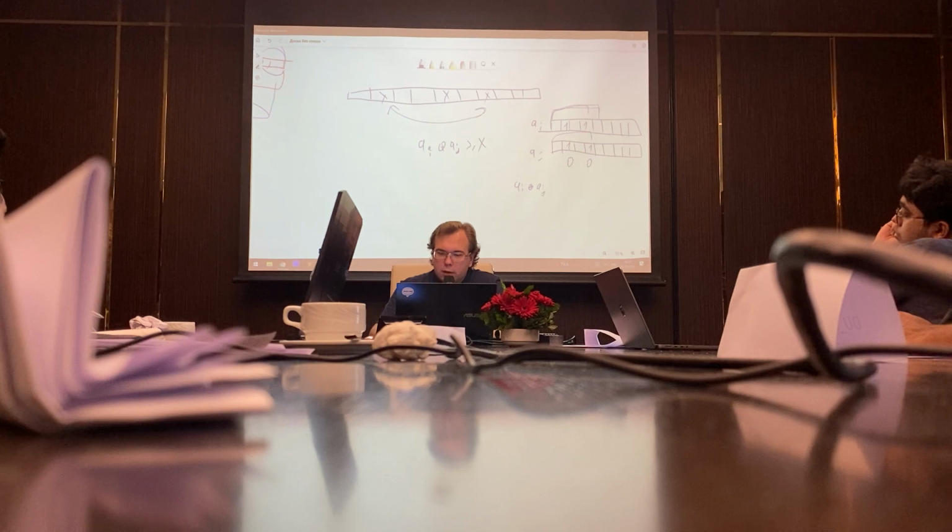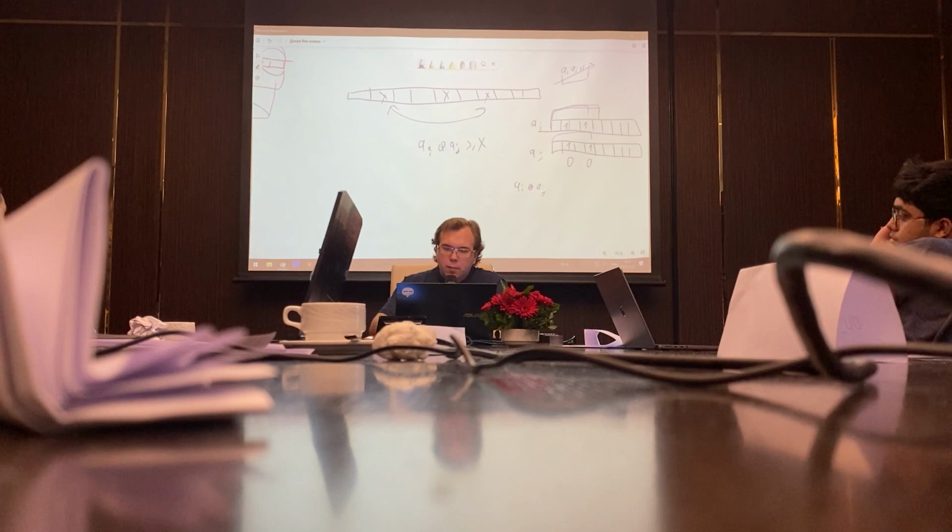So it seems that if we sort the numbers, only two consecutive numbers will have the smallest XOR. So that's the first observation. We only need to worry about consecutive numbers.